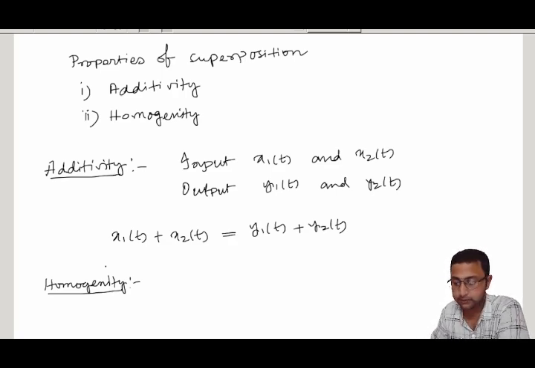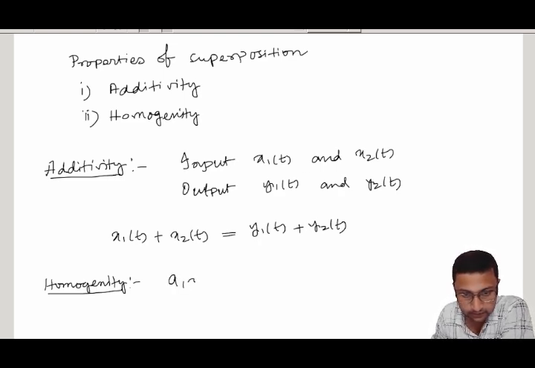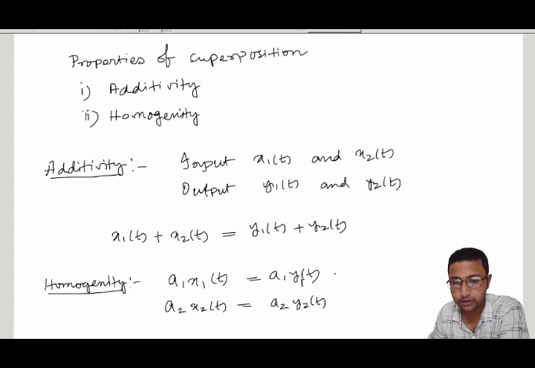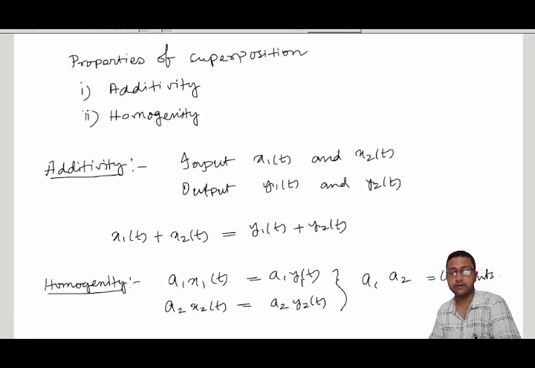The homogeneity property states that a1 x1(t) will correspond to the output a1 y1(t), and a2 x2(t) should correspond to the output a2 y2(t), where a1 and a2 are some constants. So this is the property of homogeneity.